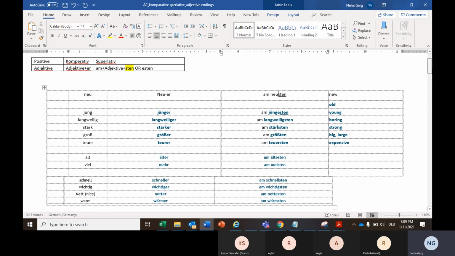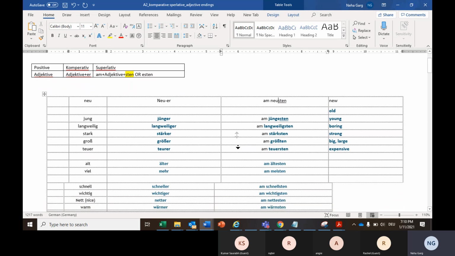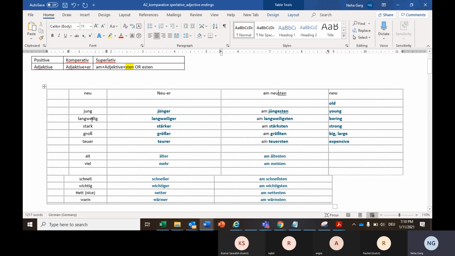Now, one more thing, there are some exceptions when we make the comparative and superlative forms. First thing first is, in most of the cases, if there is any a, u, or o, like here, or here, or here.